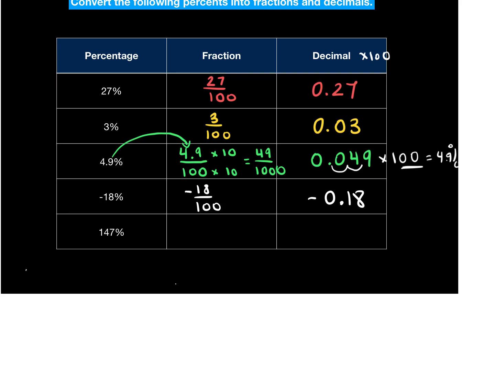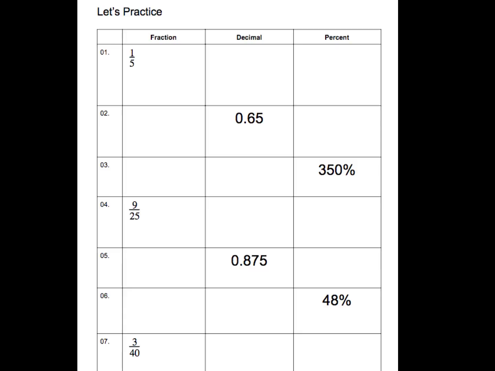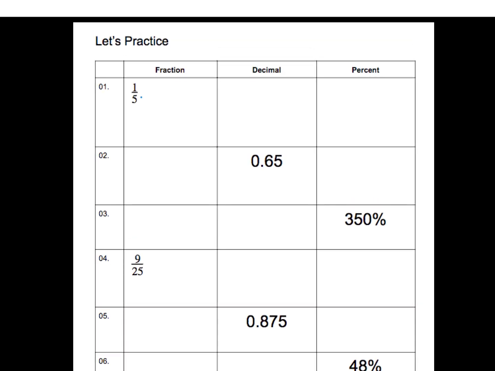So it'd be 1 and 47 over 100. Exactly, this one, 1 and 47 hundredths. 0.47. Yeah, this one, and you can check it, because remember, if we multiply that by 100, or move that decimal 2 times, we would get 147%.